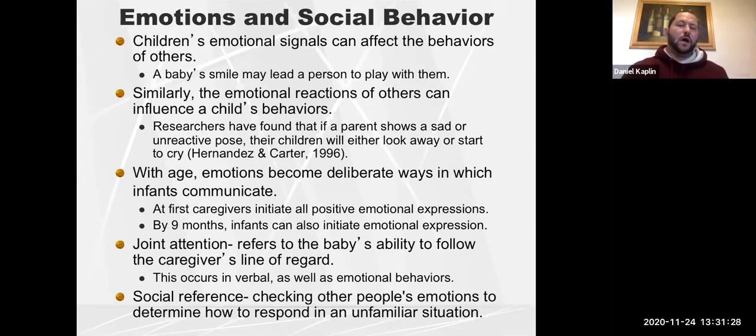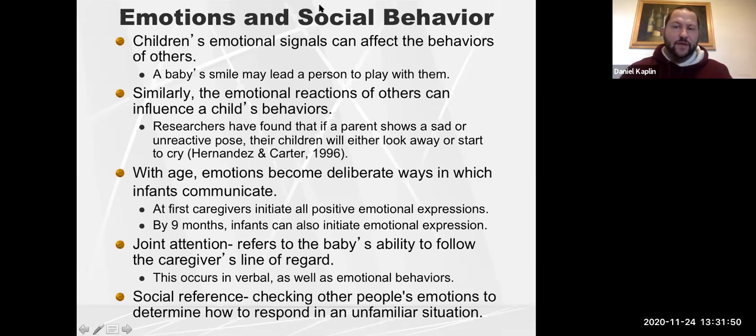And then when people don't know what to do or how they should react, there's also something called social referencing. And what that does is we look at other people's emotions and see how they react to a situation to determine how we're supposed to respond.